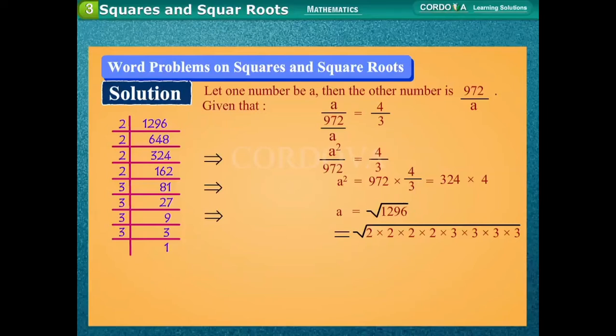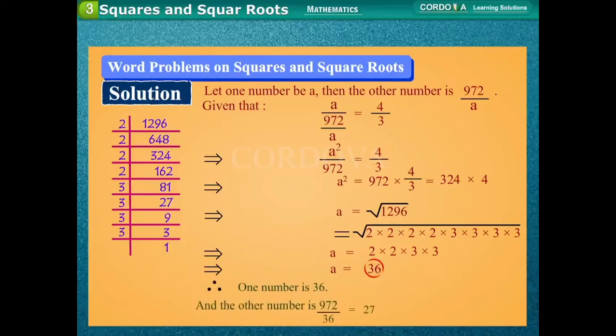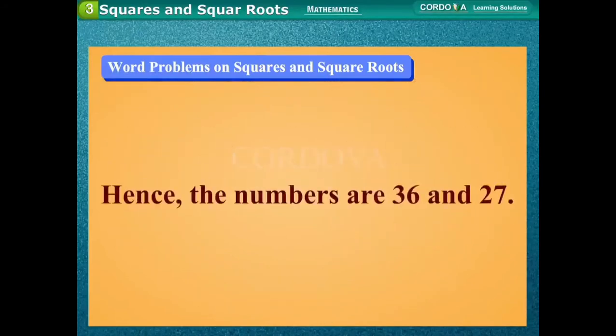This implies a is equal to 2 into 2 into 3 into 3. a is equal to 36. Therefore, one number is 36 and the other number is 972 upon 36, which is equal to 27. Hence, the numbers are 36 and 27.